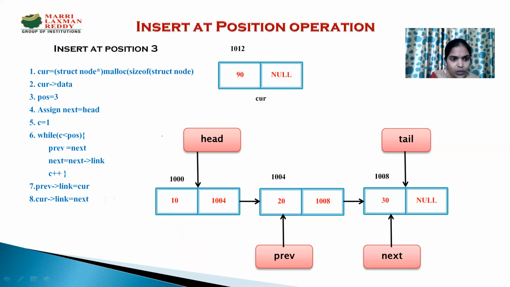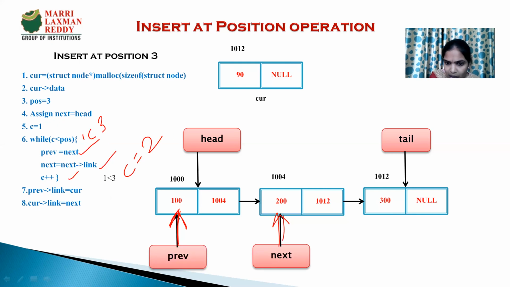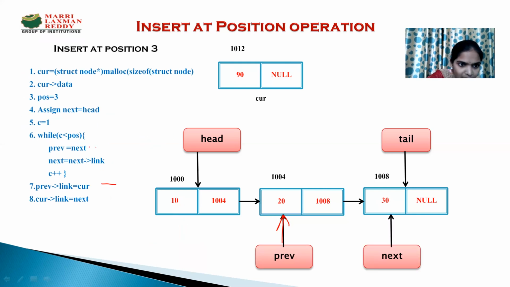Now again I'm checking the condition: 2 less than 3. The condition is true. Now I'm making the next node the previous node. Initially, the next node was at the second position. Now, with the statement previous equals next, the previous node is at the second position.